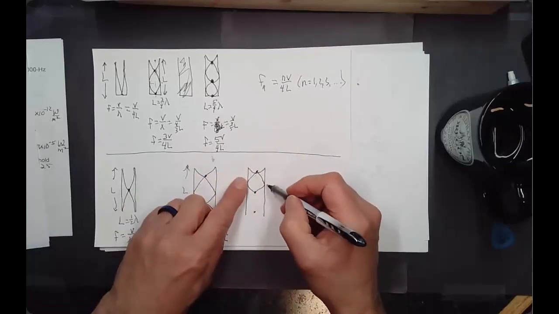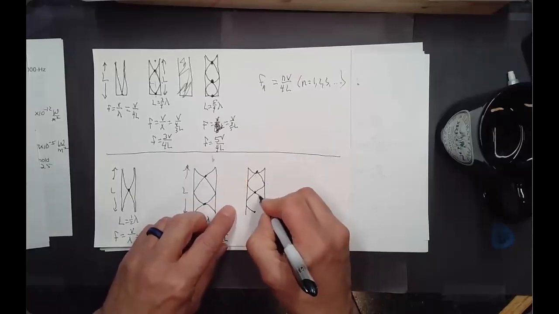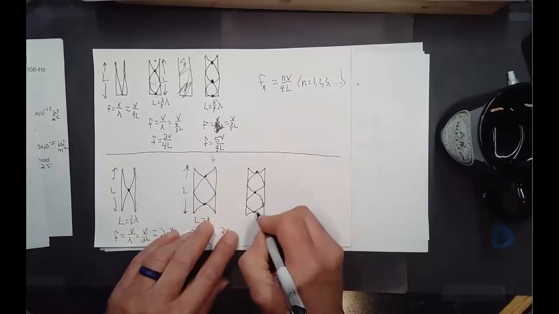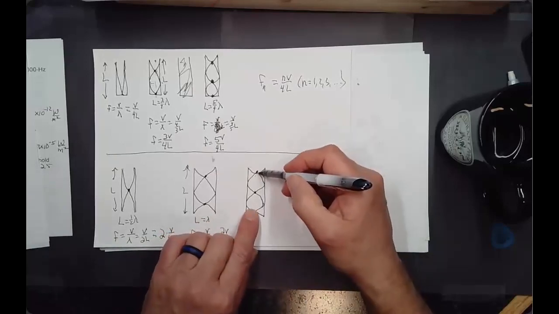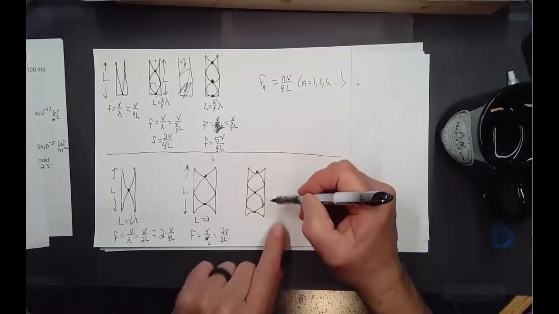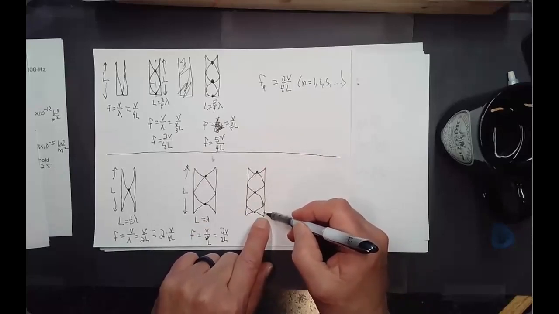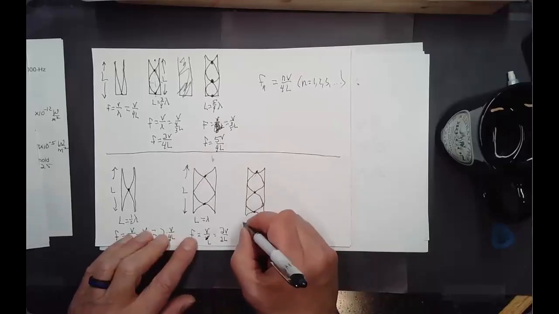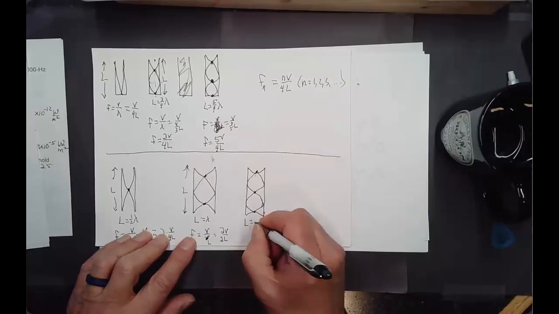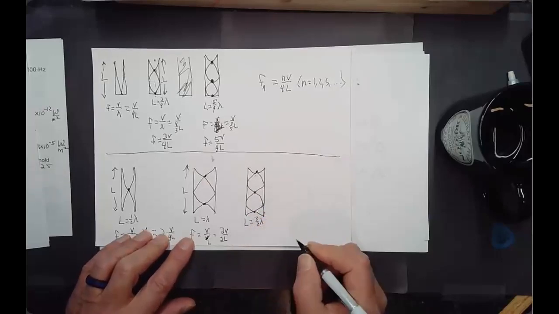Antinode here, antinode there, another antinode here. Whoops, missed. That's supposed to go all the way out there. And then we do this. Okay, full wavelength here, quarter wavelength here, quarter wavelength there. Well, 1 plus a quarter is 1.5 or 3 halves. So here the length is going to be 3 halves of a wavelength.